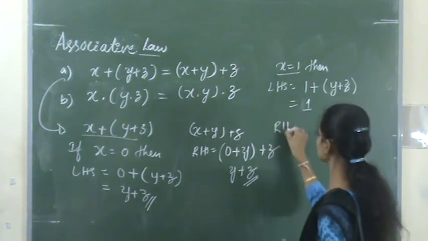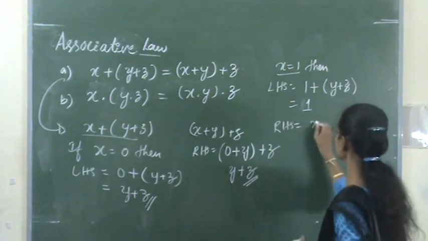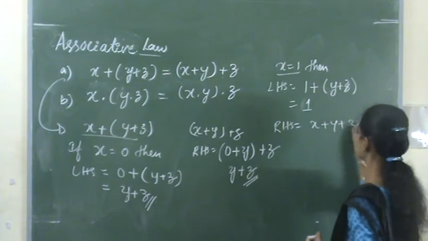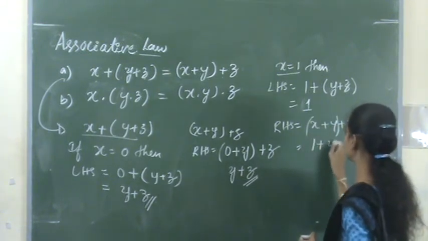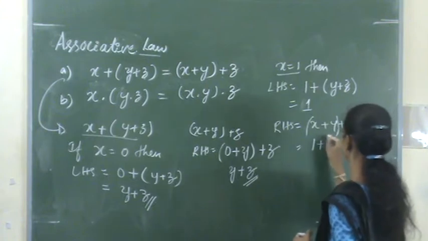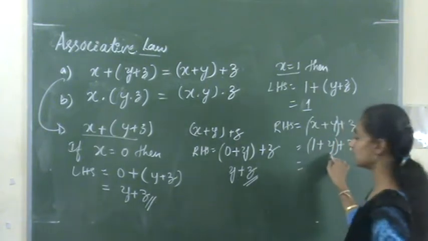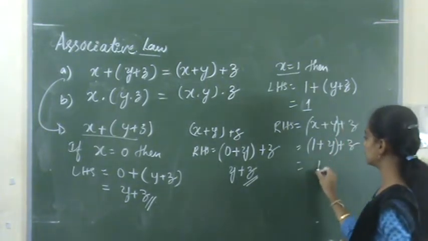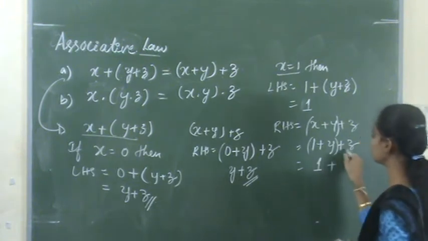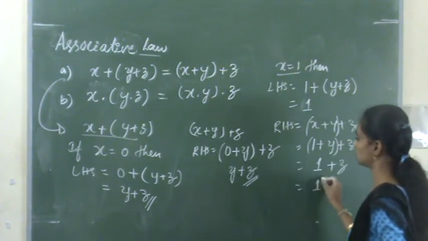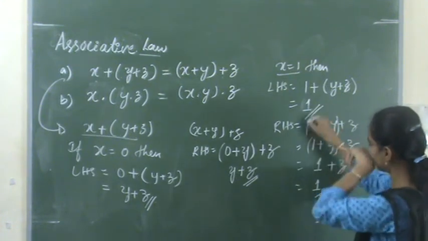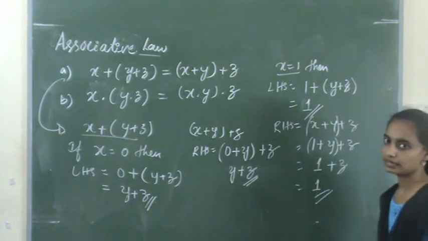For RHS also, (X + Y) + Z. What is the X value? 1 plus Y plus Z. So 1 + Y is 1, and the remaining is Z. So 1 + Z is 1 itself. So we get both LHS and RHS are the same.